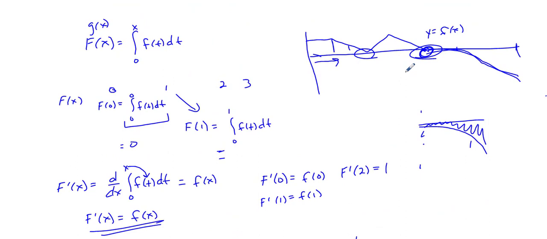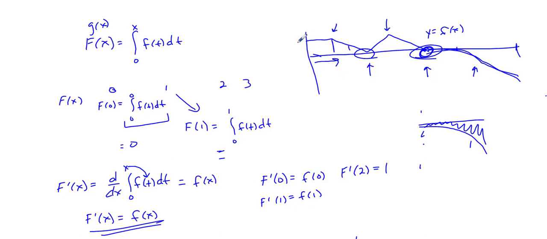Where is f prime undefined? It's undefined a whole bunch right here, right here, right here, right here, right here, correct? So those are possible points of inflection. Okay? And while you're finding the possible points of inflection, you can note the concavity also.